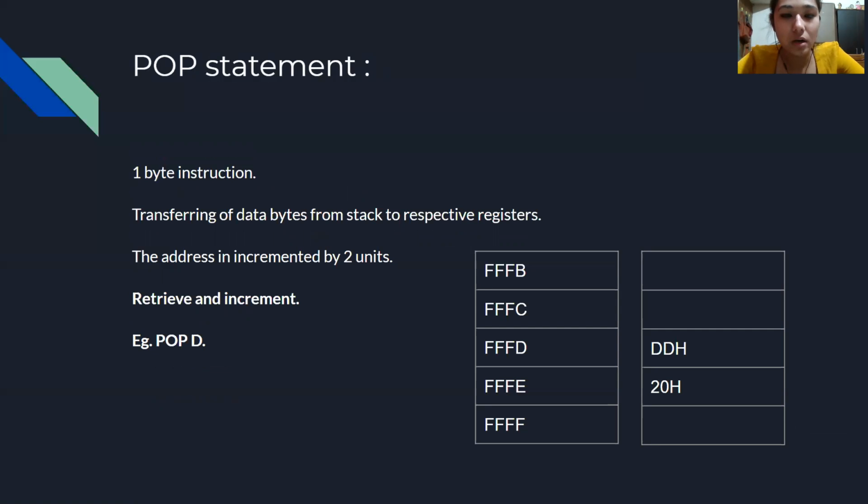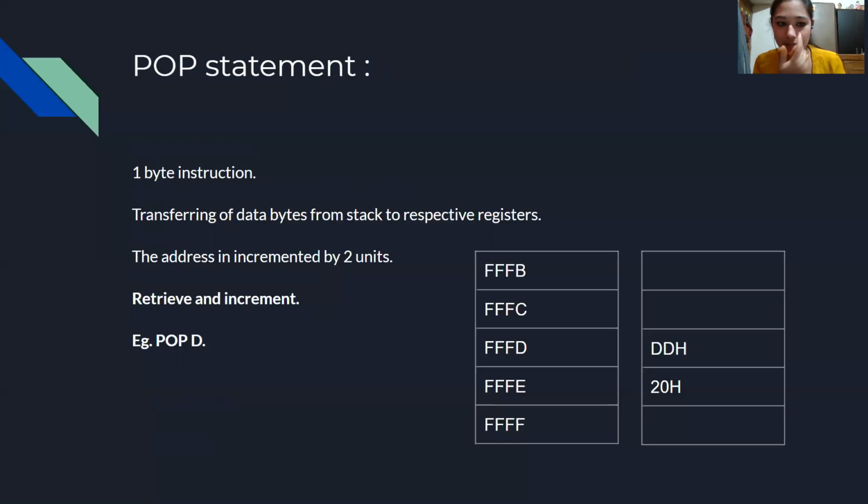Now, moving on to the pop statement. The pop statement is also a 1-byte instruction, and it copies back or transfers the contents of the stack to the register pair specified by the most significant register.